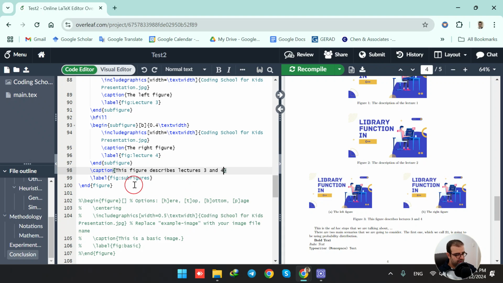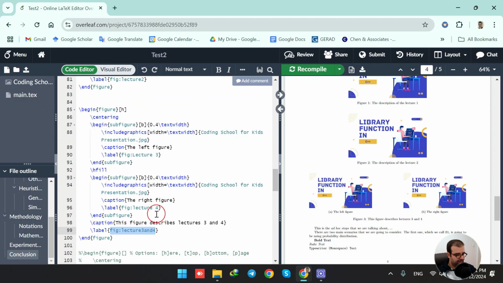If I'm going to cite figure 3 in general, I'm going to use this label because this is for the begin figure. And if I'm going to cite the right figure, because this is the part specifically for 3B, I need to use this label. And if I'm going to cite this figure, I'm going to choose this label.